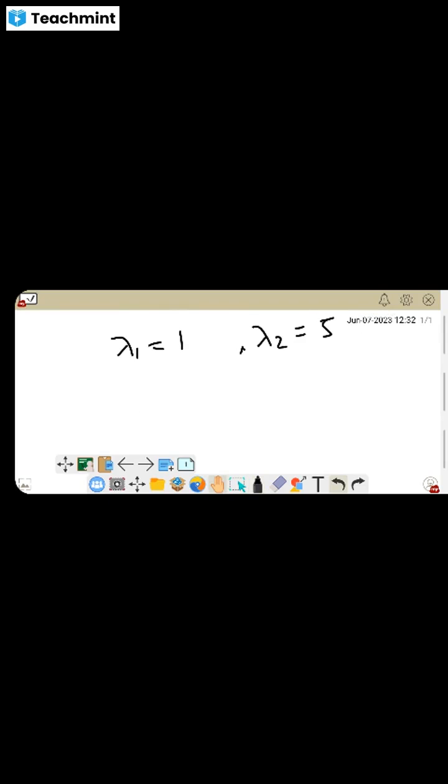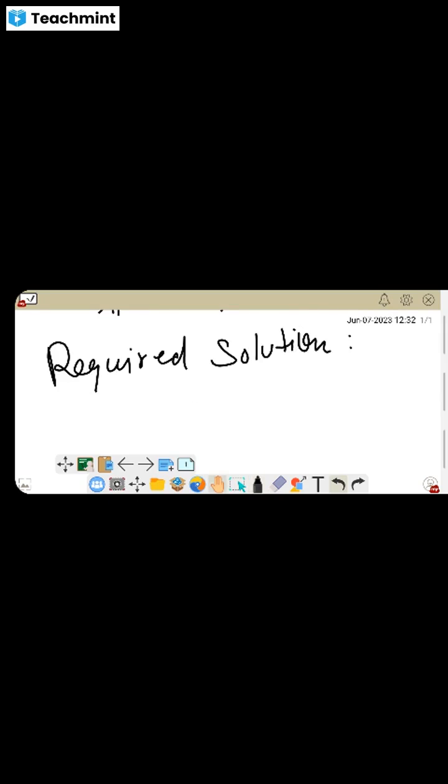Now let us find the solution. So the required solution is y is equal to a into e to the power lambda 1 x plus b into e to the power lambda 2 x.